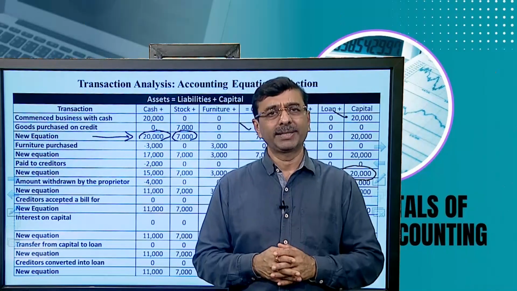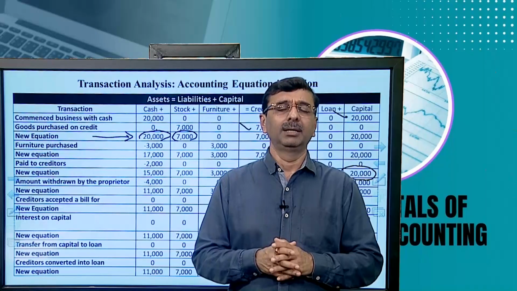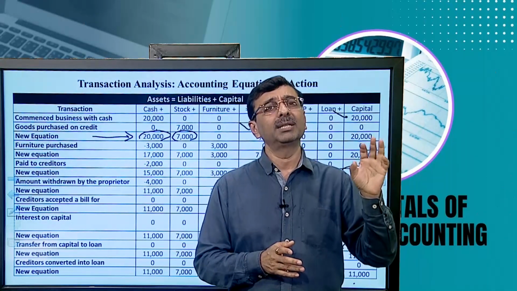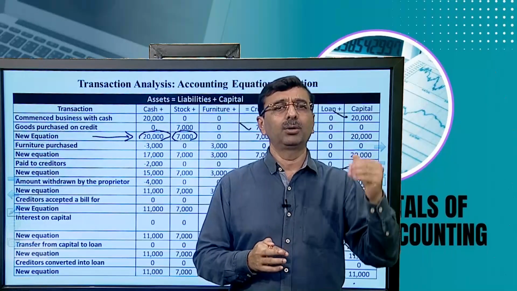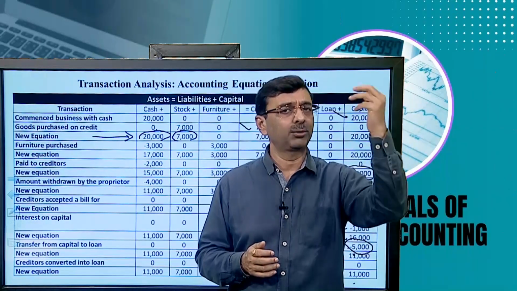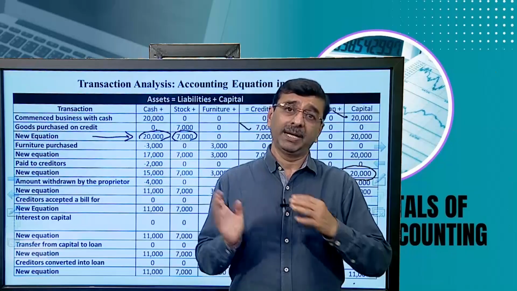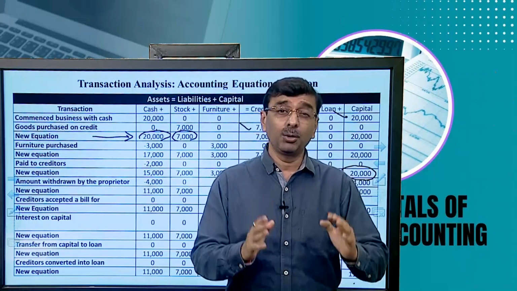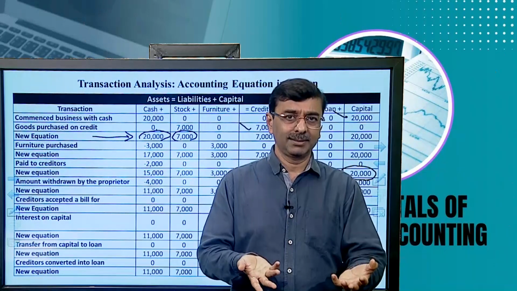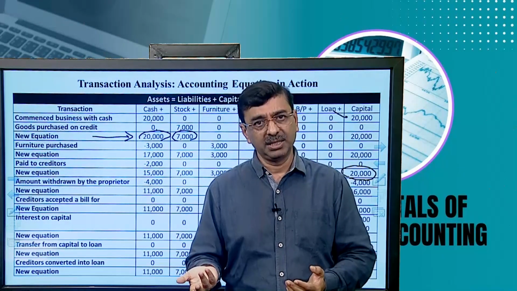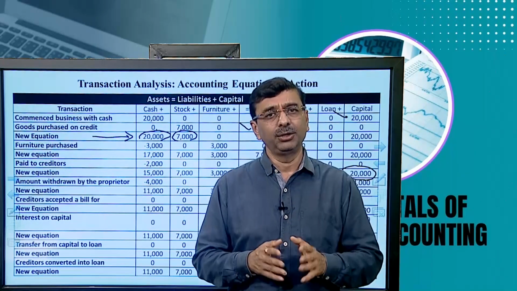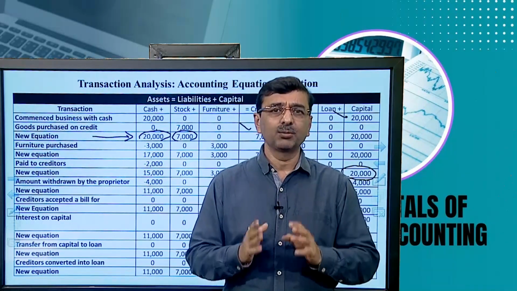I just want to explain a very simple thing: when you are writing journal entries, the journal entries show you how accounting transactions have to be recorded in the books of accounts. But with this particular formula, I want to explain how it impacts your assets as well as capital and liability. After these transactions, what are the changes made in your business? That is what I want to explain.